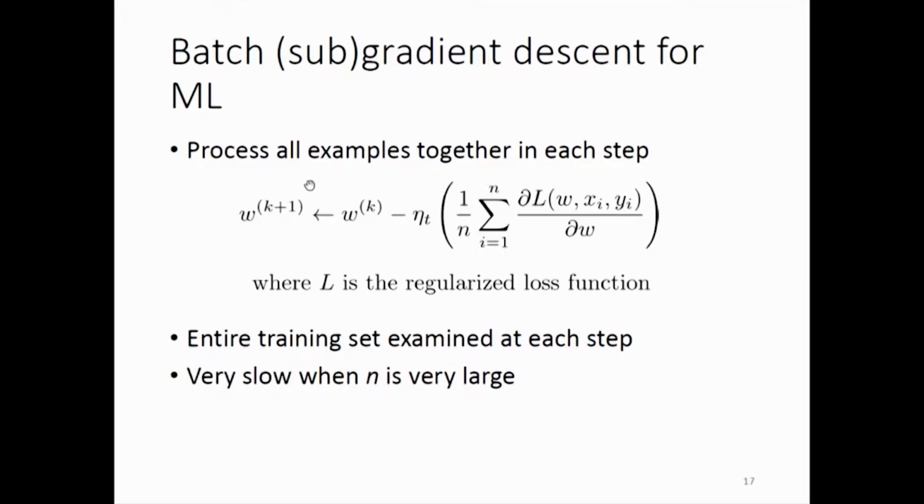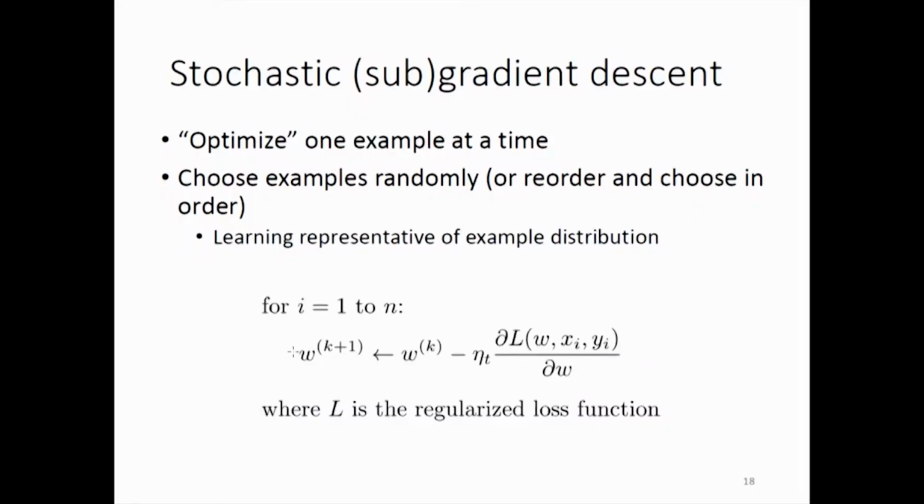Here this is also done many times, but every update here costs order n time at least, if we assume the dimension and everything to be constant. But here every update costs order 1 time. So obviously you can do many more updates. The question is, how many updates do you need to do?